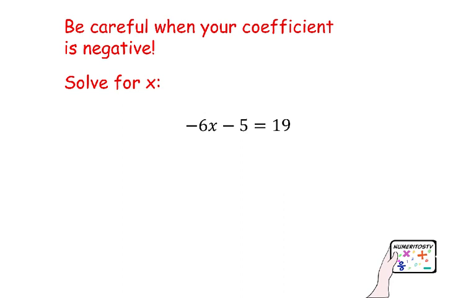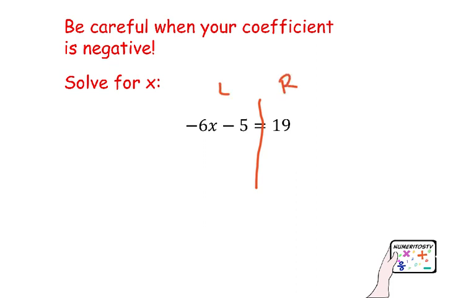Be careful when your coefficient is negative. The coefficient is the number in front of the variable. So it is a common mistake when the coefficient is negative. So let's solve it so you can see what I'm talking about. So I divide my equation left and right.